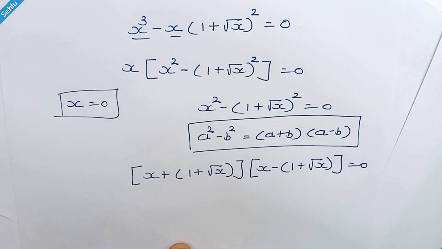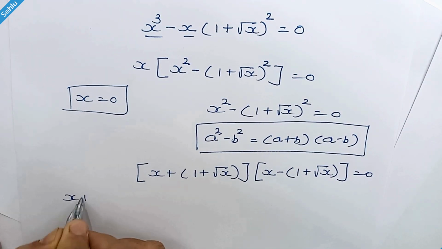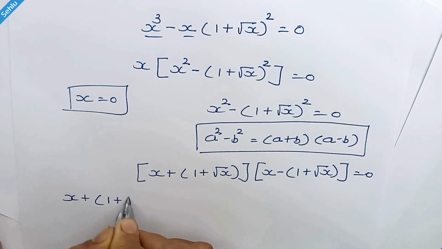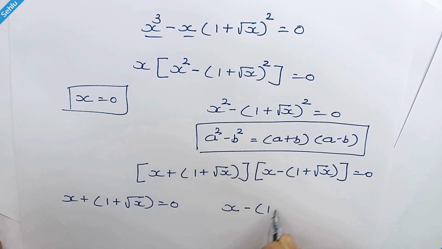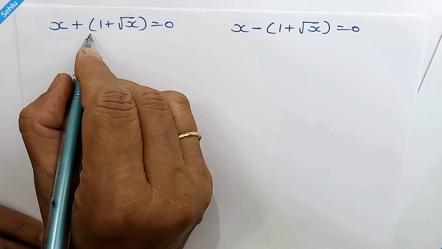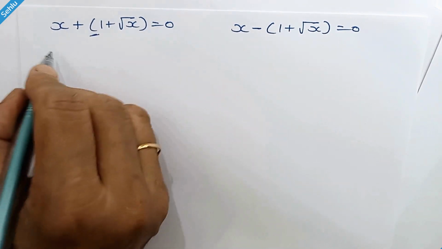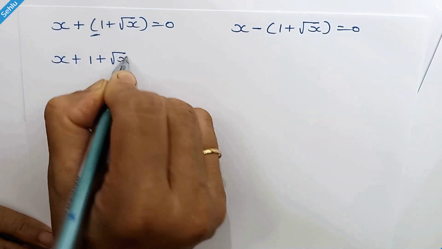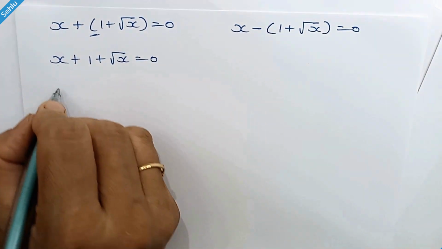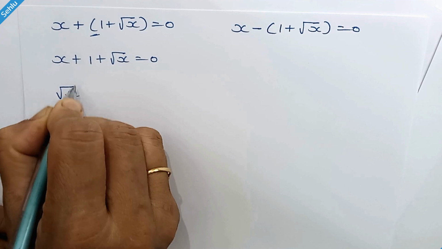So we can compare x plus 1 plus square root of x is equal to 0, or x minus 1 plus square root of x is equal to 0. From the first part, opening this bracket, x can be written as square root of x squared.